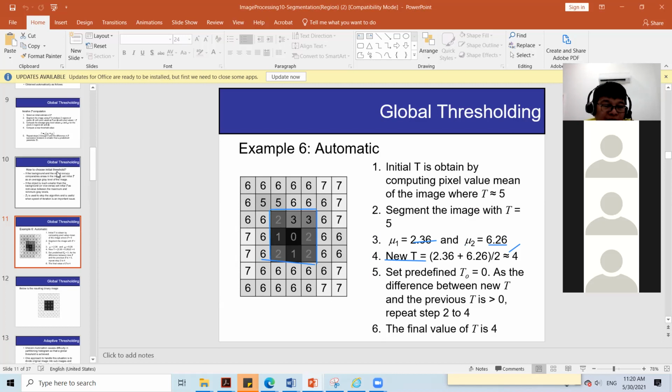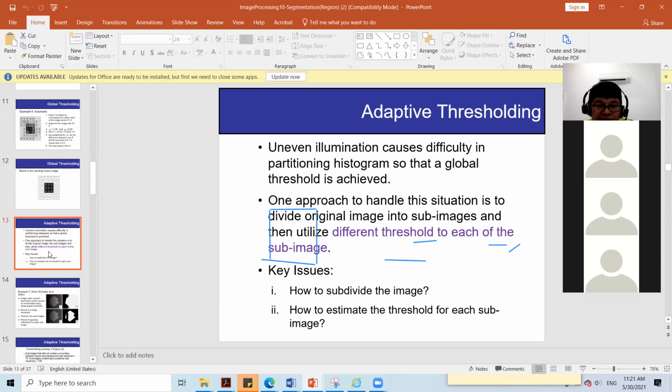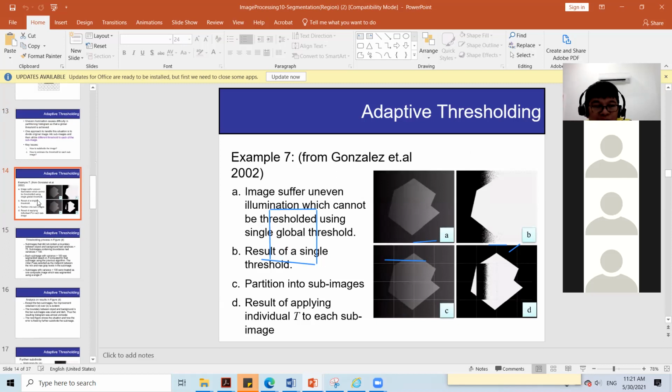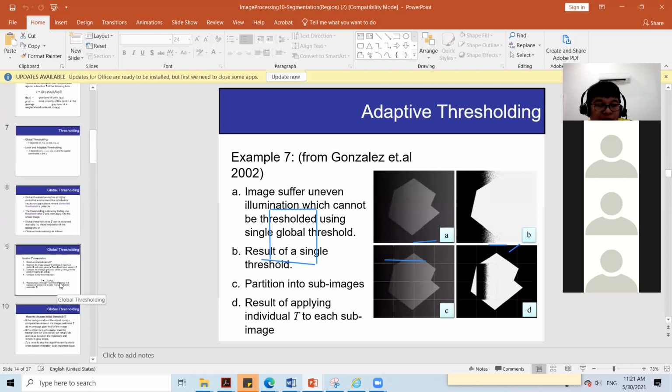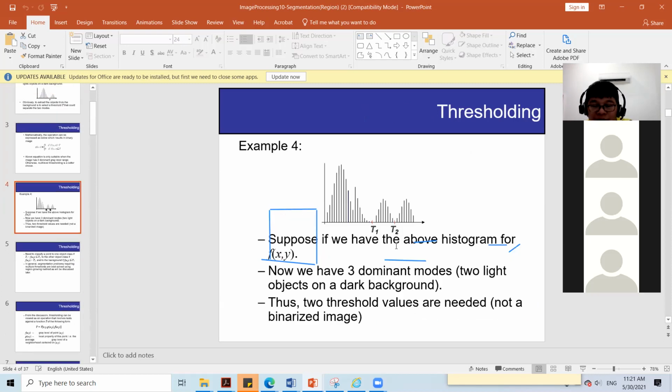Actually, you can learn another way; I think Joy will give you the example. They call it gray level thresholding. You can set 2 threshold values, then you divide into 3 regions.